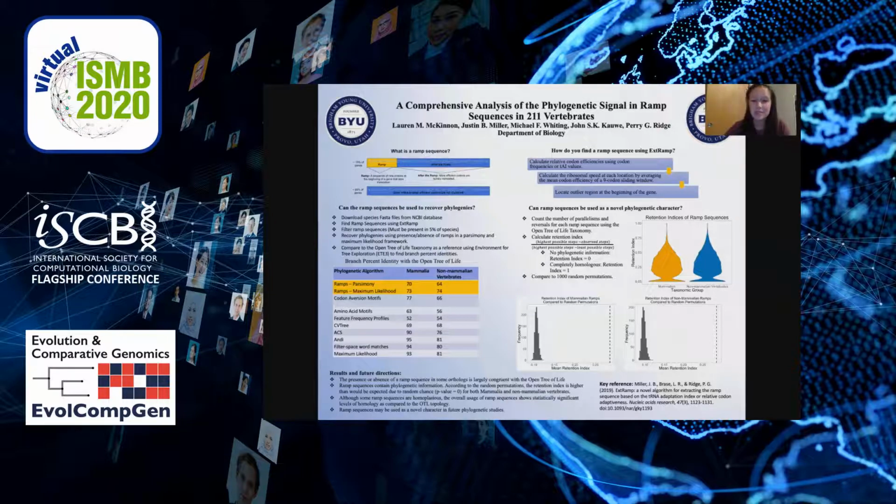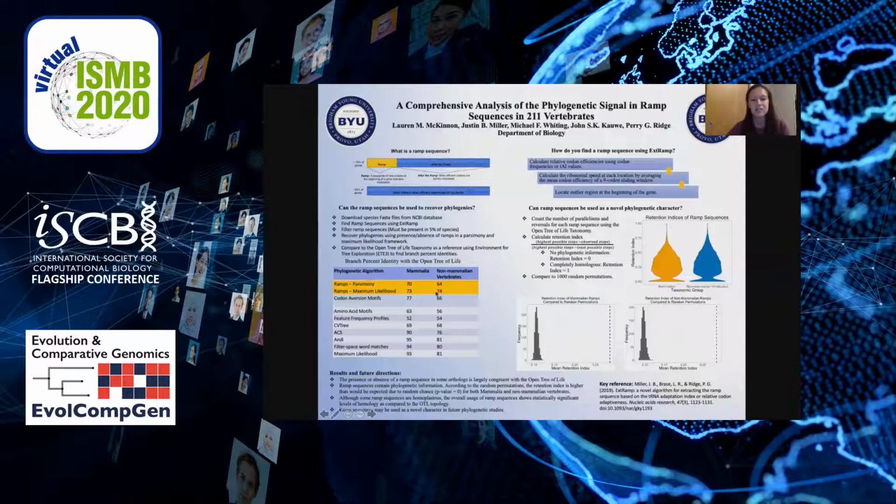And doing this, we used parsimony and maximum likelihood to recover phylogenies using just the presence and absence of ramps. Then, in order to determine if those phylogenies were congruent with what we currently understand phylogenies to be, we compared it with the Open Tree of Life taxonomy, and we quantified that using the branch percent identity.